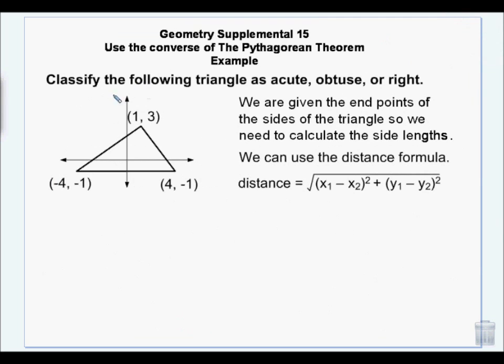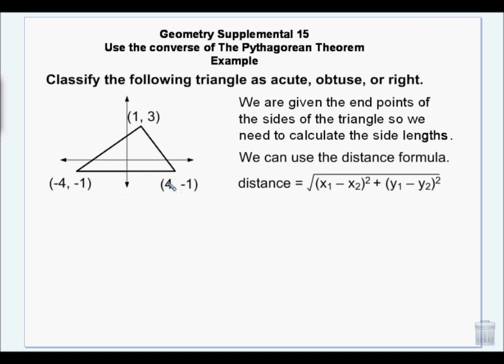We're going to classify this triangle as acute, obtuse, or right. So we're given these endpoints, and we need to find the lengths of the sides. Now, this side here is the length between the x's because the y didn't change, did it? So this side length here is easy.